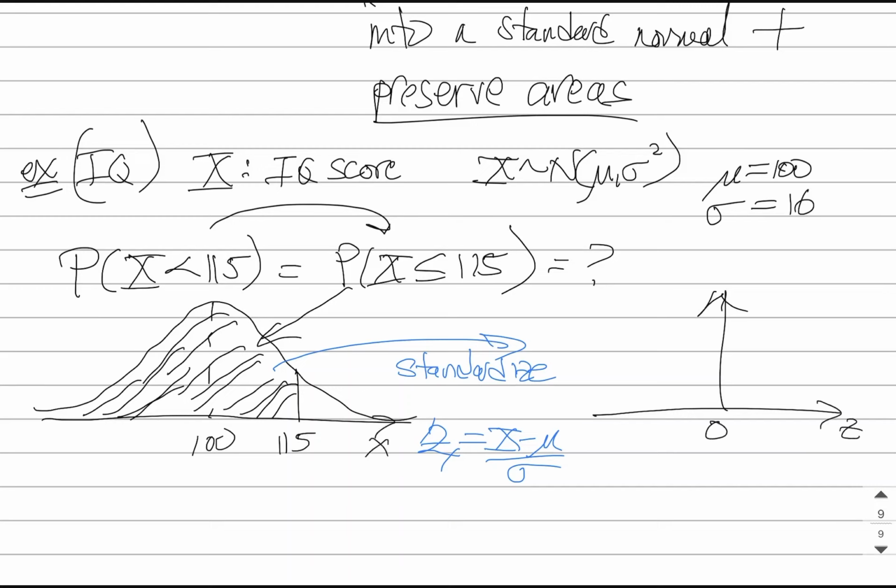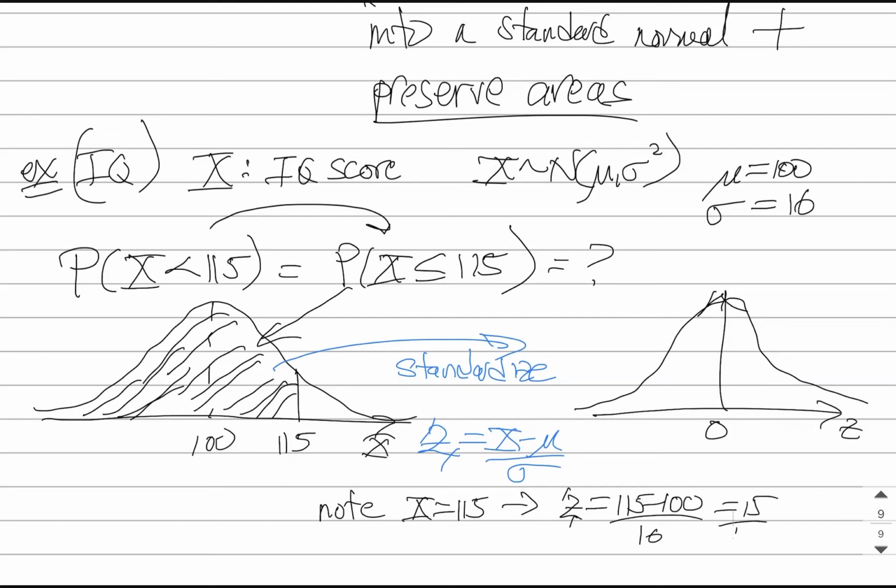So here the axis is x, whereas on this other case, the axis is z. So x equals 115 tells us that z is going to be 115 minus 100 over 16. So it's 15 over 16, which is 0.9375.